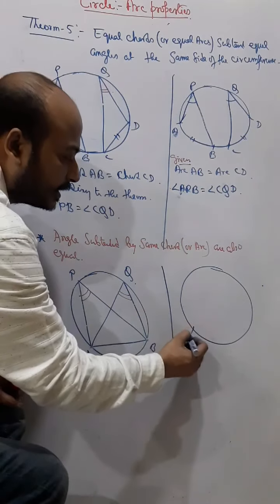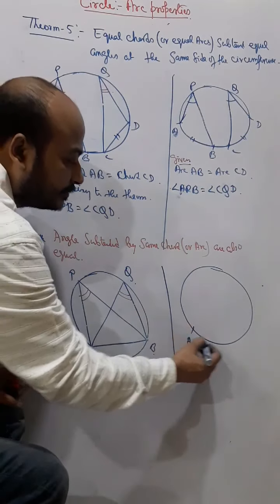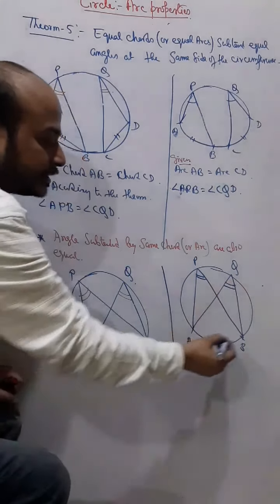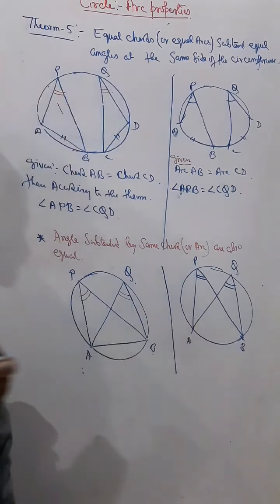So if this is an arc AB, and this is the angle APB, it will subtend same angle. So in this case also I can say this angle is equal to this angle, because this is of same arc. So the final conclusion here is, I can say that equal chord subtend equal angle, and same chord subtend equal angle at the circumference. Okay.